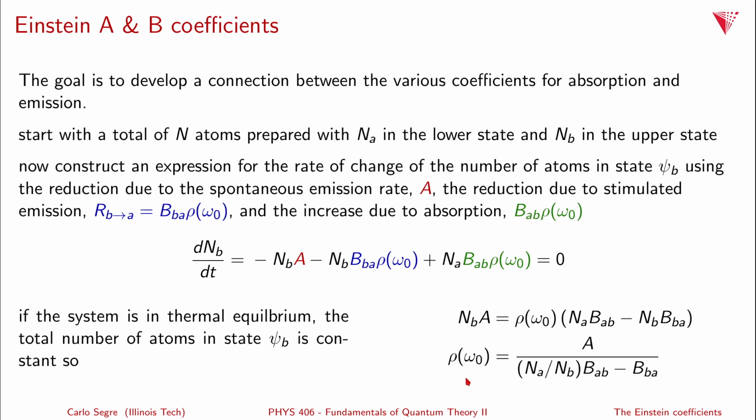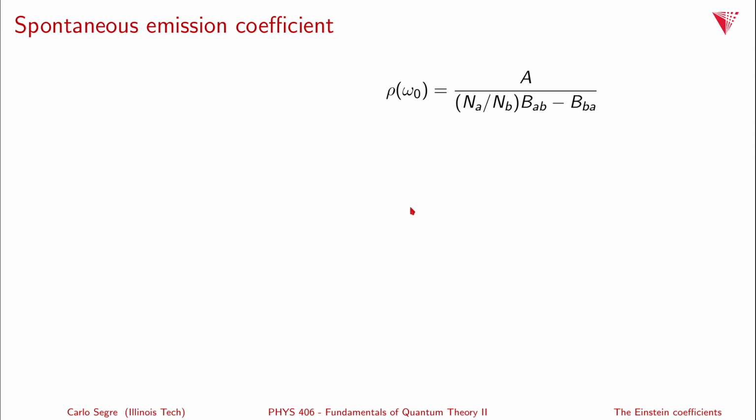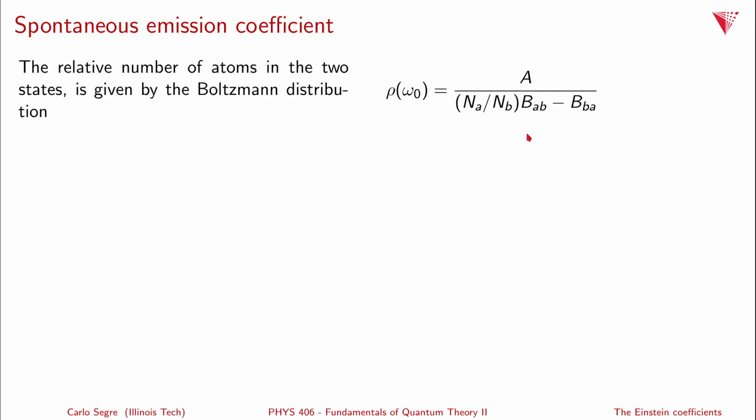So rho of omega sub 0 then becomes A times n sub A over n sub B times B_AB minus B_BA. Sorry, you divide by n sub B. And this is then our expression for the density of radiation at omega sub 0. It's equal again to A over n sub A over n sub B times B_AB minus B_BA.